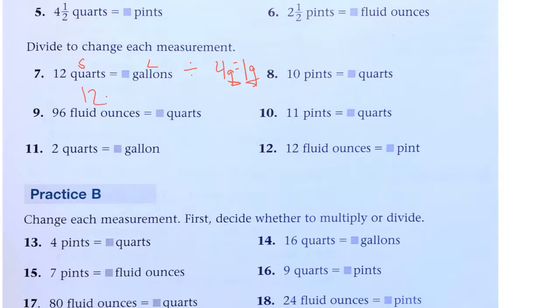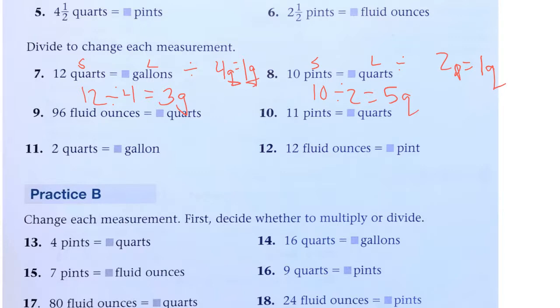So 12 divided by 4 is 3 gallons. Pints to quarts. So it takes 2 pints to equal 1 quart. The pints are smaller than the quarts, so we divide. 10 divided by the 2 equals 5 quarts.